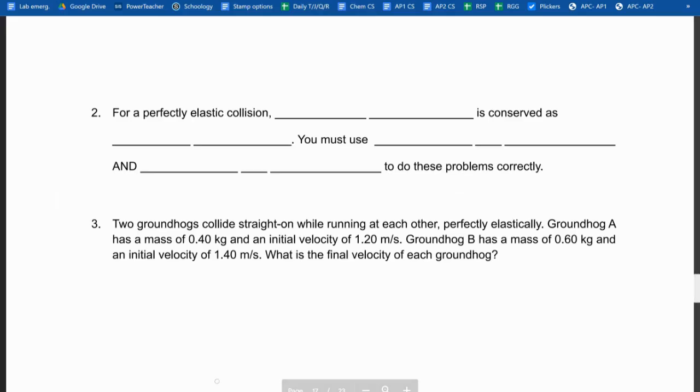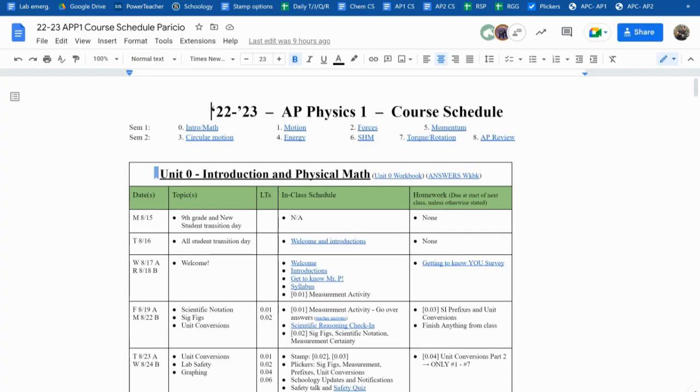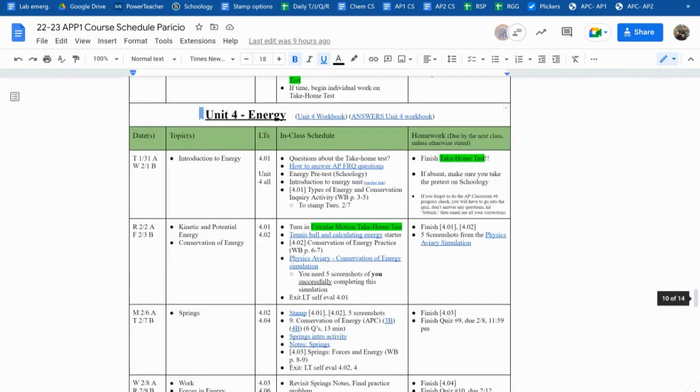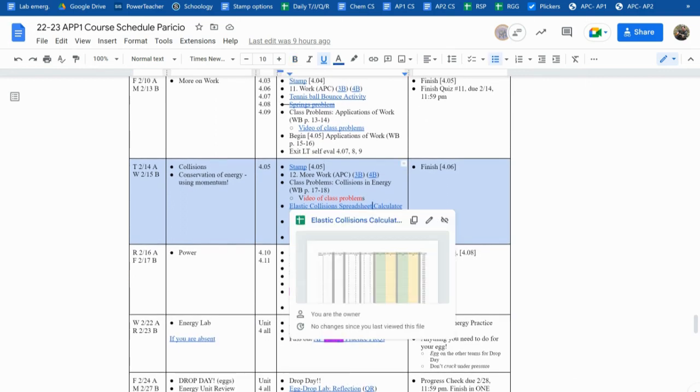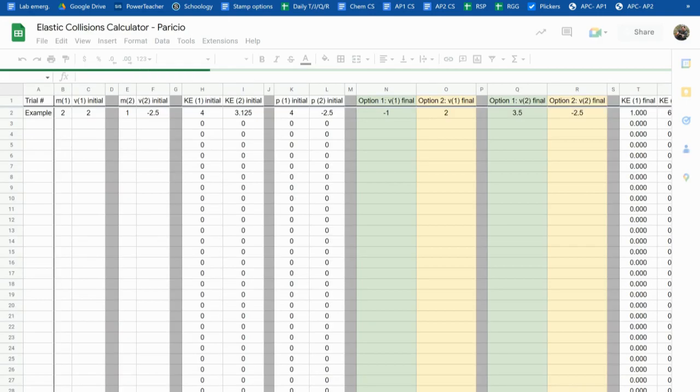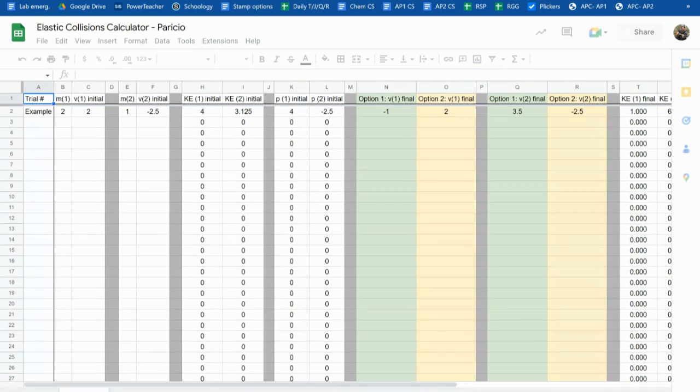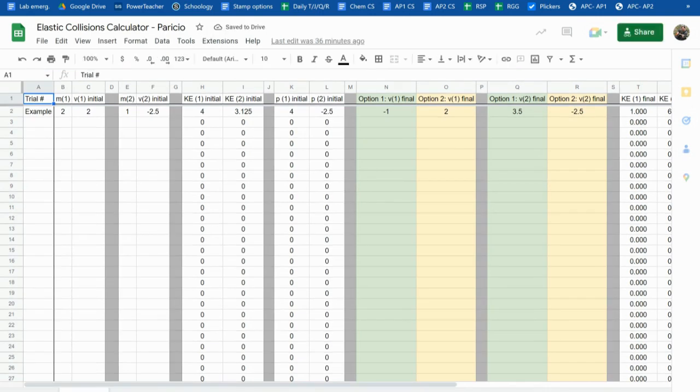if you were to look at my course schedule, right, I have on this energy unit for today, we've got elastic collisions spreadsheet calculator. If you pop open this elastic collision spreadsheet calculator, this shows you, I spent a lot of time programming this during a snow day.